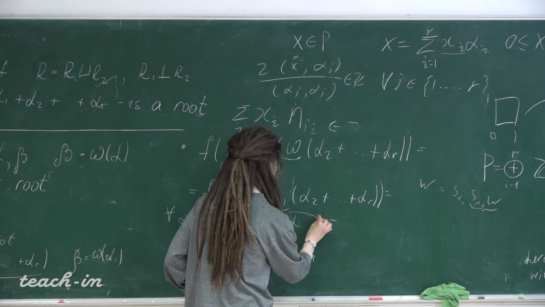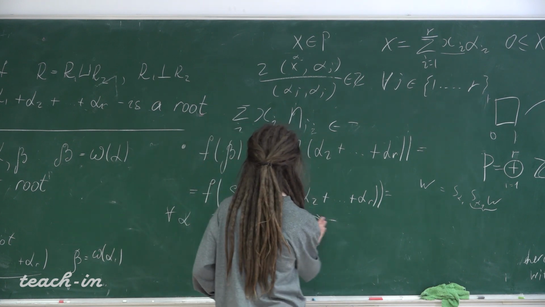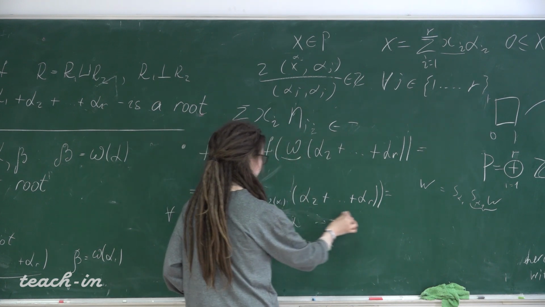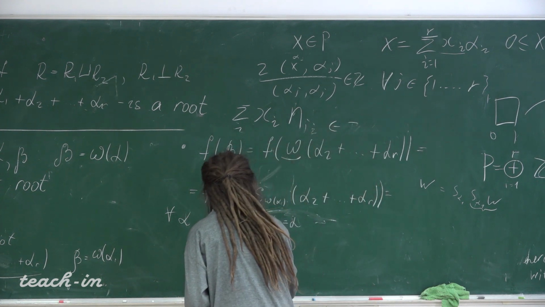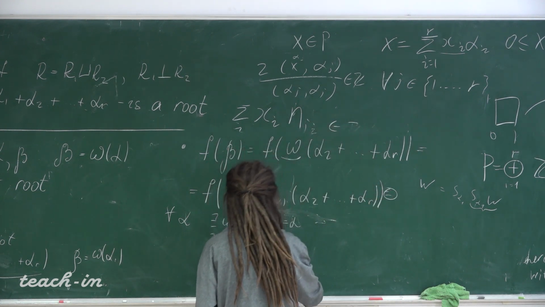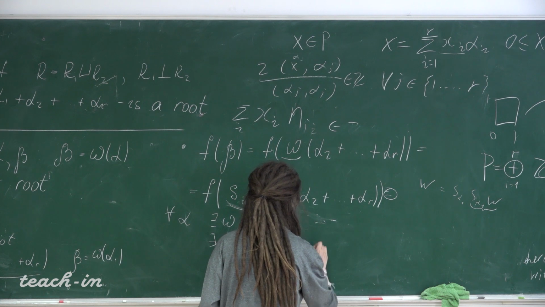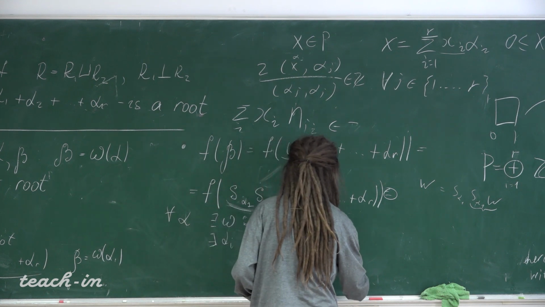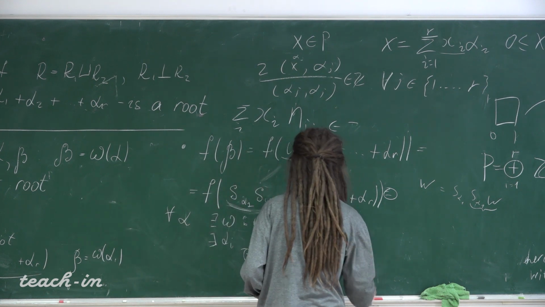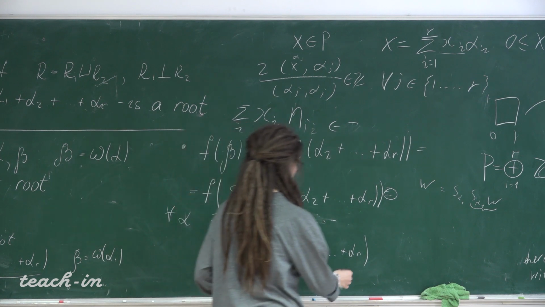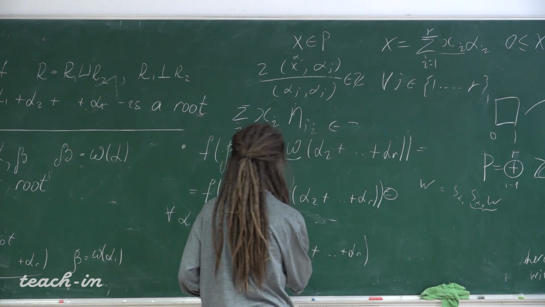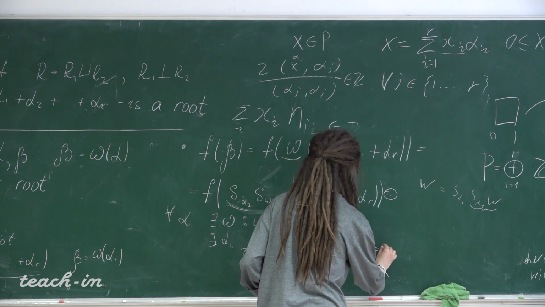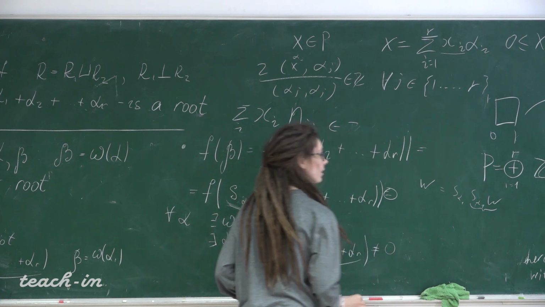Oh no, all this we can rewrite like f of alpha 2, and then, because we say that this is a root, it cannot be 0.